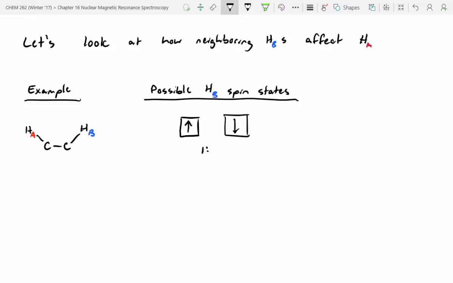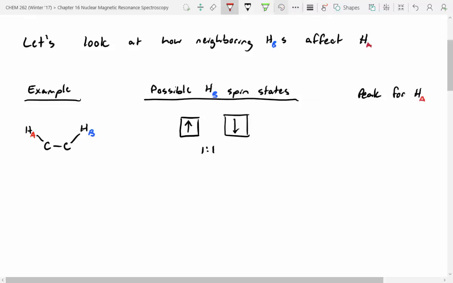So oftentimes, if you've got one neighboring proton, your peak will be split into what's referred to as a doublet, because that neighboring proton could be in two different orientations. It could be in either spin up or spin down state.